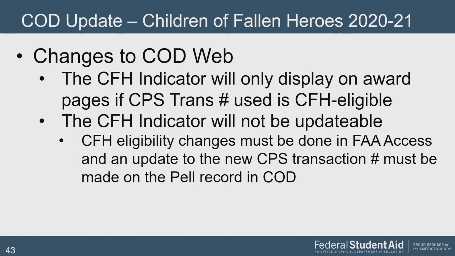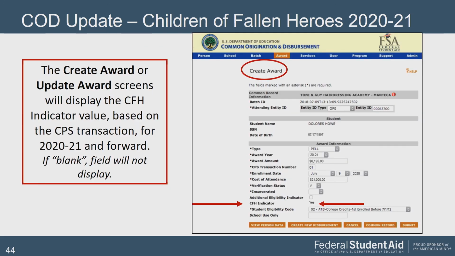So we're going to take a look at how that looks. We had just looked at the Create Award page and how it looks for 18-19, 19-20. This is how it's going to look for 2021. The indicator will only appear if it is yes or if it has been changed to no. If it is blank, which given that we only had 51 students in 18-19, 99.999% of your Pells, you are never going to see this show up, okay?